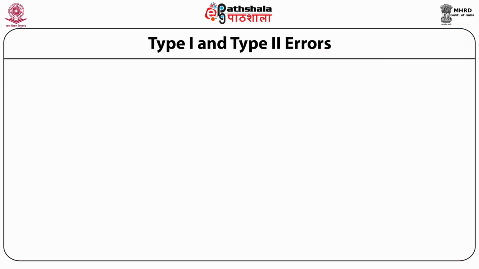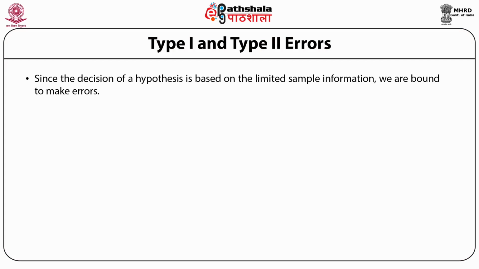Type 1 and Type 2 errors. Since the decision of a hypothesis is based on the limited sample information, we are bound to make errors. Ideally, we would like to be able to reject the null hypothesis when the null hypothesis is false and not reject the null hypothesis when the null hypothesis is true.